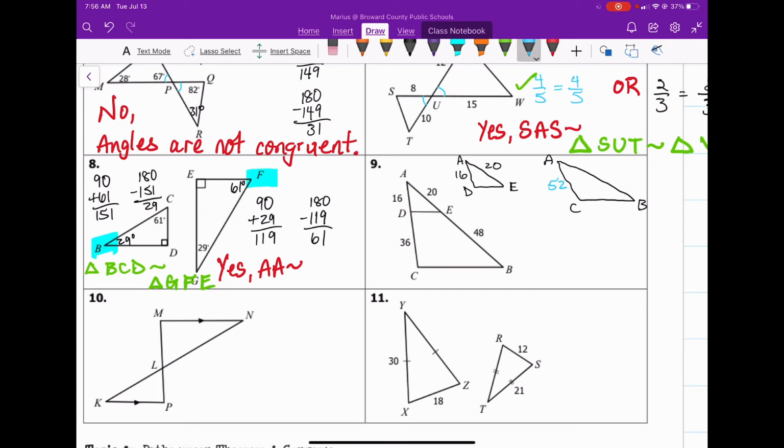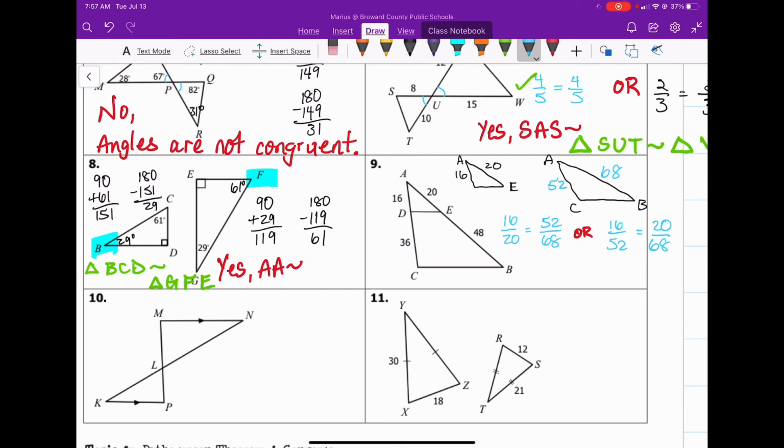And for AB, I have to add those two, which is gonna make 68. Okay. So now that we have our sides, remember our proportions have to be equal. So I can write two different proportions. I can do 16 over 20 equals 52 over 68, or I could write 16 over 52 is equal to 20 over 68, okay?